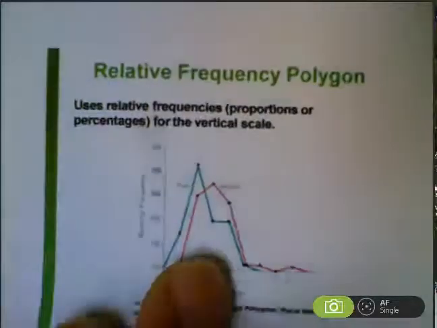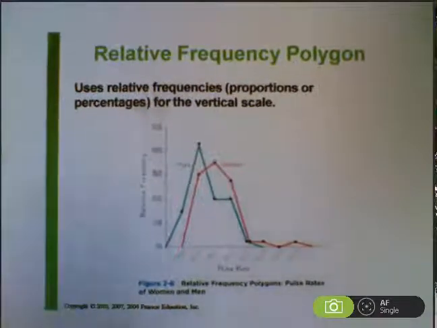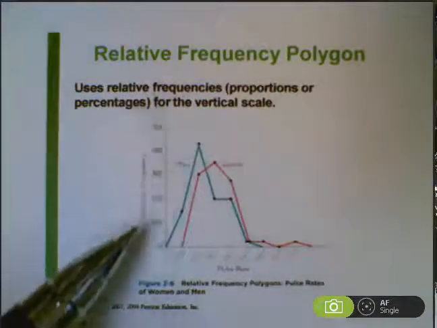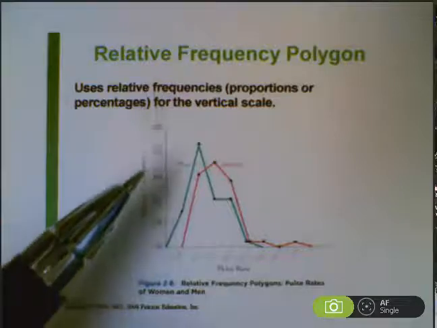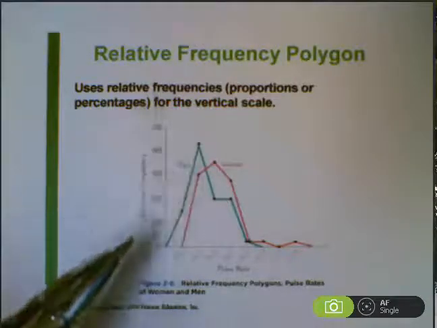And a relative frequency polygon is like a relative frequency histogram. Rather than giving the frequencies in each class, it just gives the relative frequencies in each class. That's the frequency changed to a percent of the total.